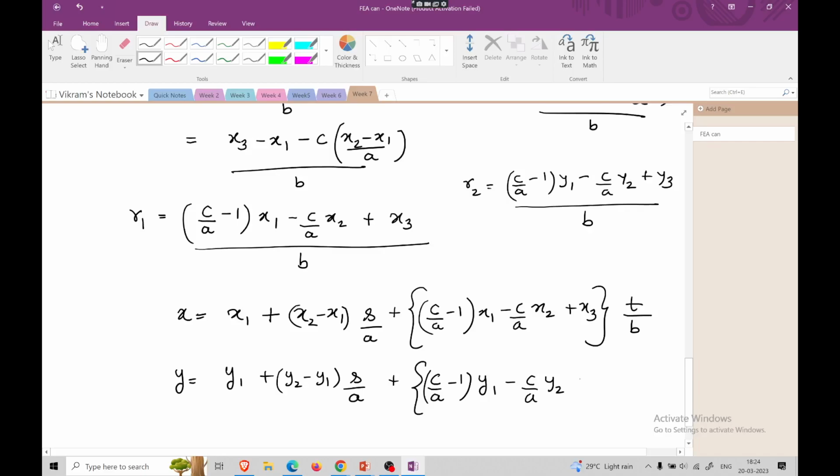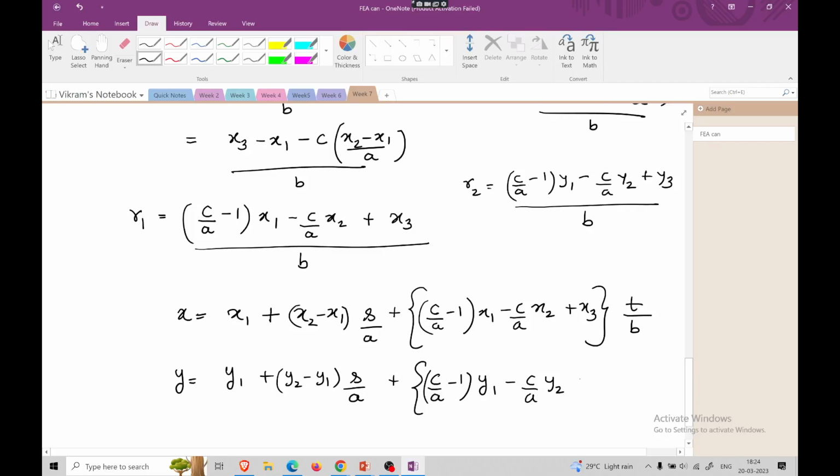So this is my line 1 2. Let me highlight this. So what will be the value of t? 0. Yes, 0, correct. So along line 1 2 I will substitute t is equal to 0, correct.